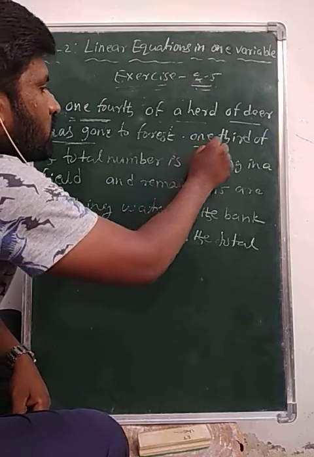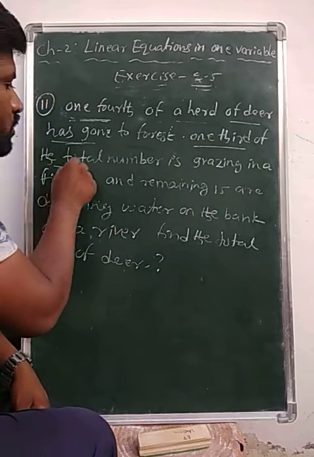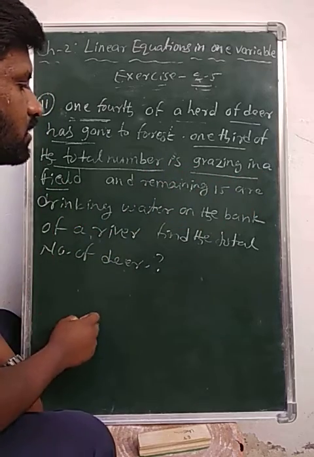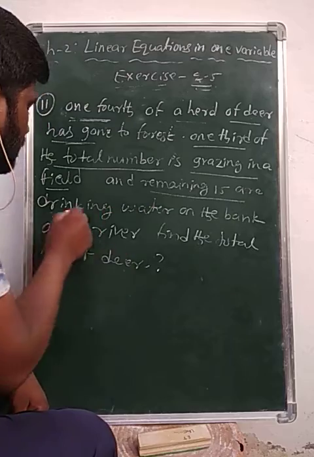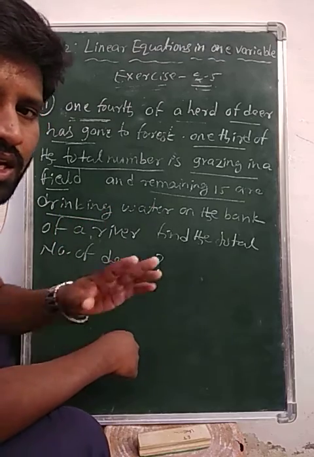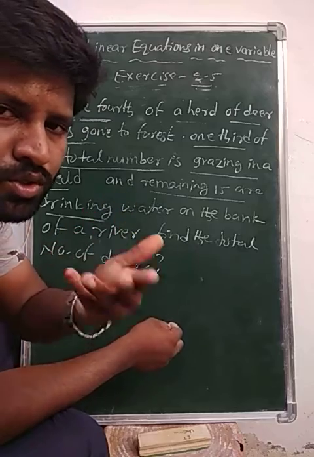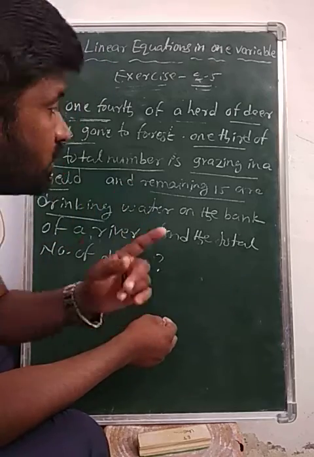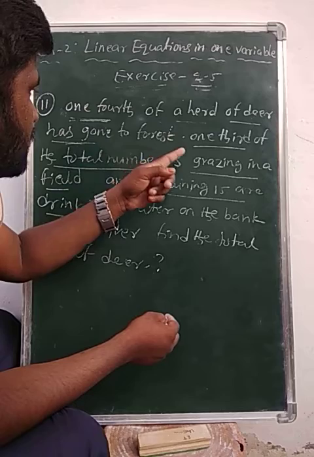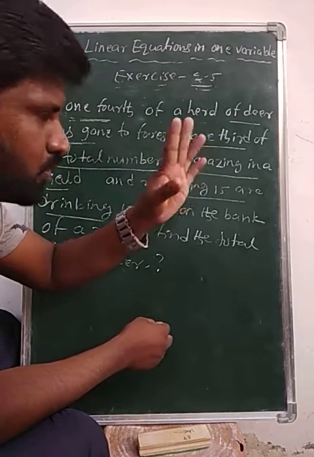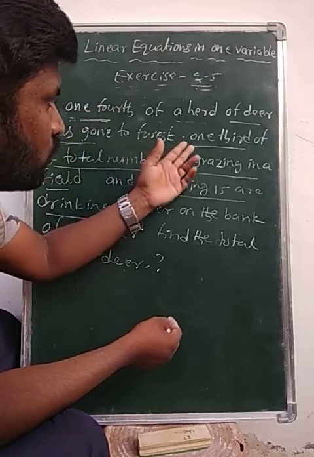In that, 1/3 of the total number is grazing in a field and the remaining 15 are drinking. Okay? Clearly we don't know the total number of deers, but 1/4 of the total number of deers have gone to the forest, and 1/3 of the total number are grazing in a field.